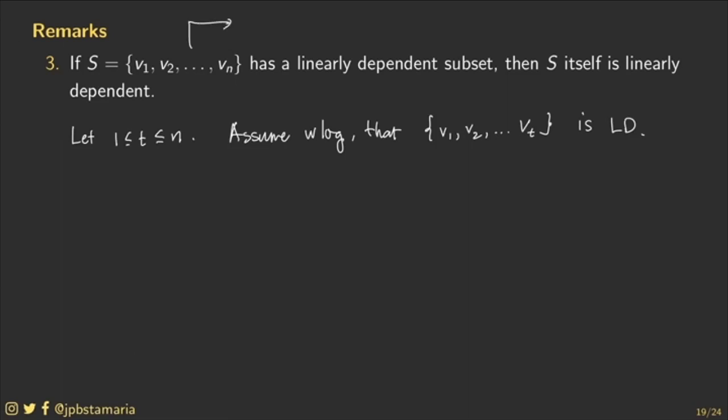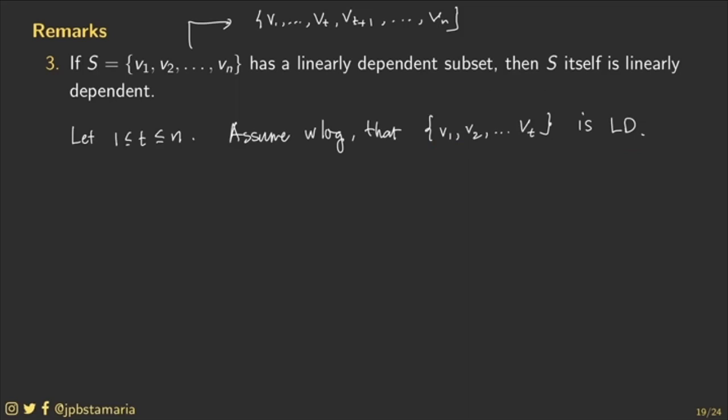So it's as if V1 up to Vt is somewhere here, and then we run over Vt plus 1 up to Vn. So let's assume that the subset containing V1 up to Vt is linearly dependent.